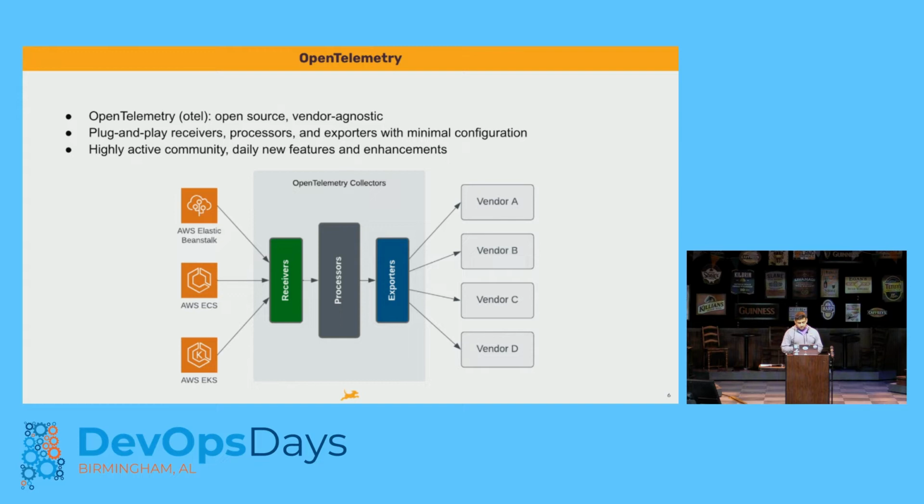Let's say we were using vendor A for our tracing, and then we decided that vendor A doesn't work anymore, we want to use vendor B. Instead of having to go back and change the client libraries in the code and then change the agent that's running on your hosts, we're actually using OpenTelemetry's standards for the client, as well as an OpenTelemetry agent that's running on all the hosts. So all we actually have to do is further downstream, where we have our observability infrastructure and the OpenTelemetry collectors, change the exporter from vendor A to vendor B, and you're done.